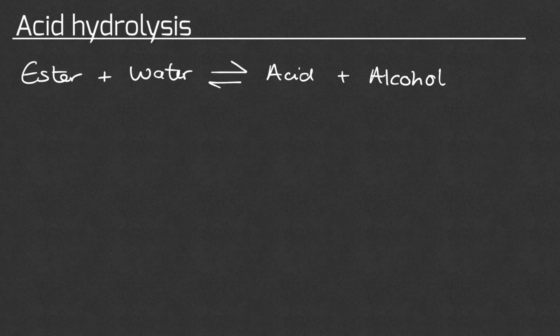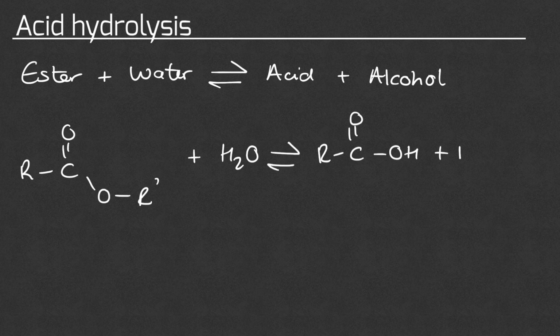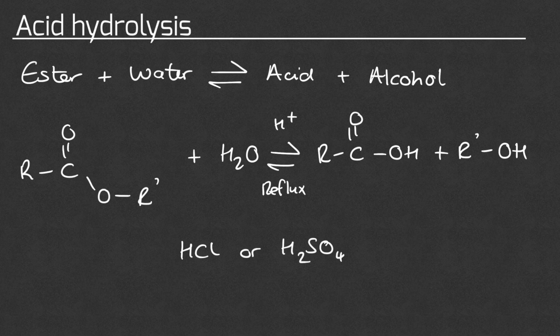We react the ester and water together to form the carboxylic acid and the alcohol. The ester is refluxed with dilute acid, typically hydrochloric acid or sulfuric acid. As the reaction is reversible, lots of water will be needed to push the equilibrium far to the right to ensure a high yield of products.